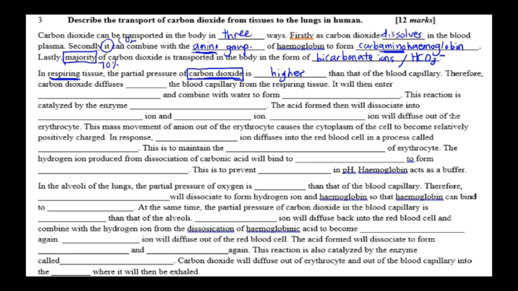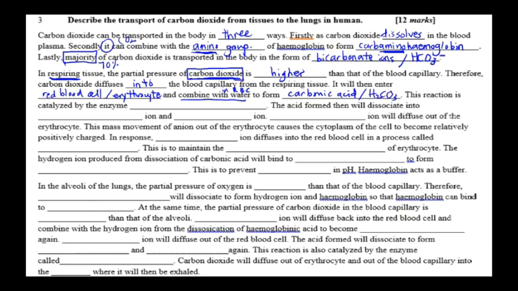Therefore, carbon dioxide will diffuse into the blood capillary from the respiring tissue, and then only it enter the red blood cell. You can either write red blood cell or erythrocyte. Both are acceptable. And then this carbon dioxide will combine with water in the red blood cell to form carbonic acid. Or if you don't want, you can write H2CO3.